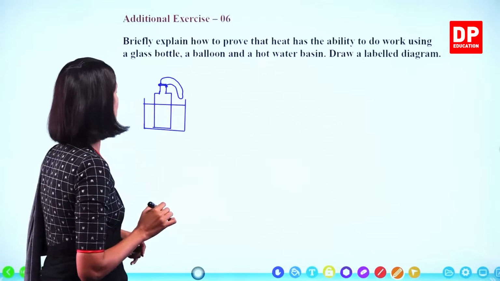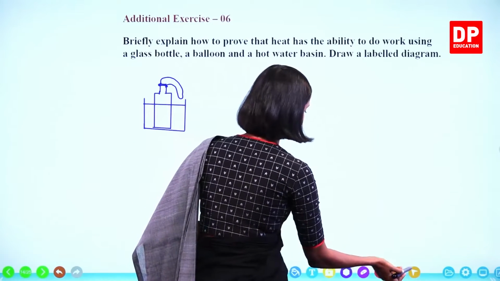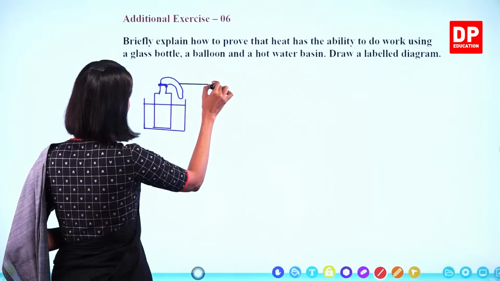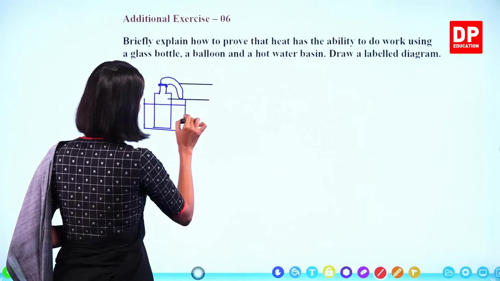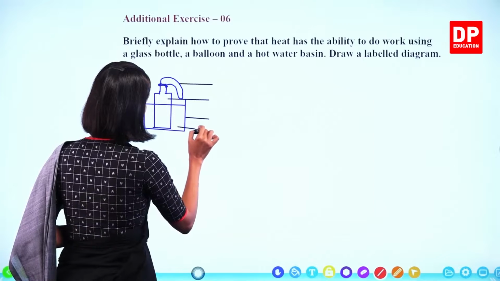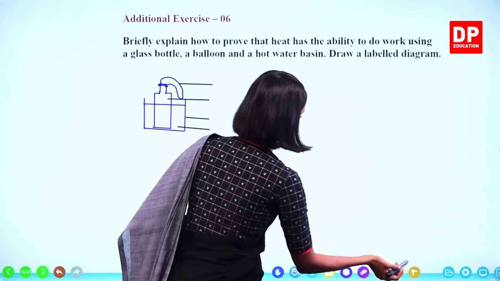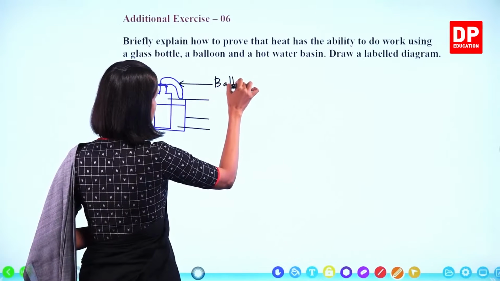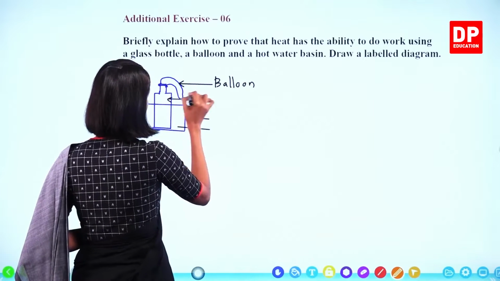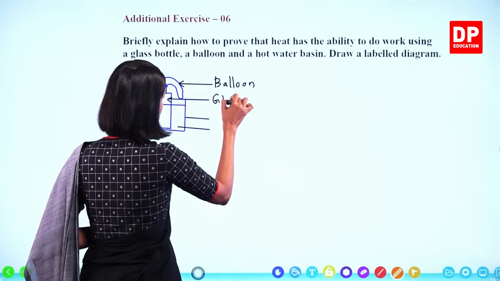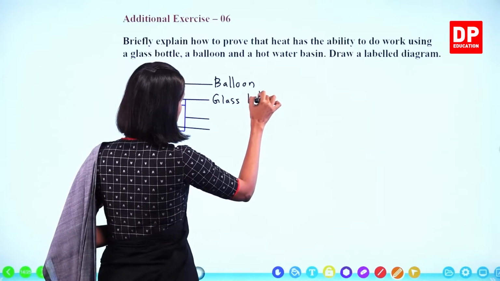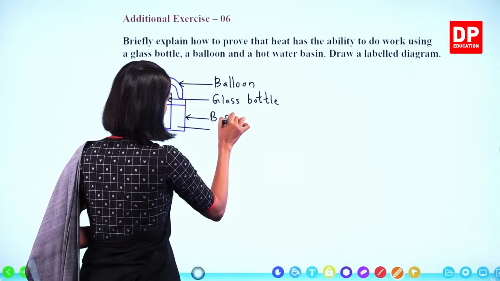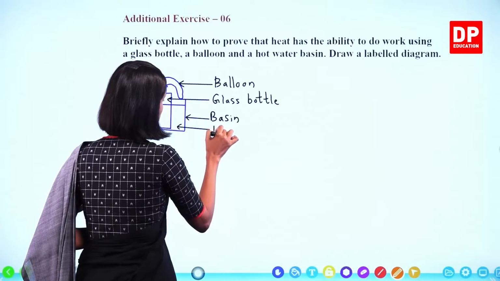Right. Okay. And let's label the diagram now. This is the balloon, glass bottle, basin, hot water.